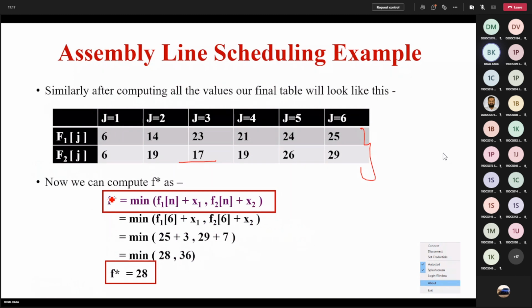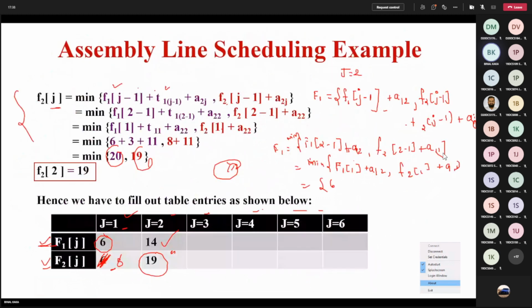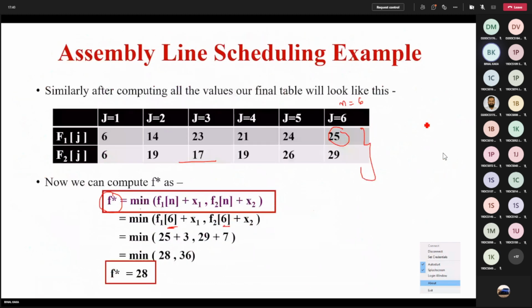Now we have to find the fastest path, f star, the minimum of f of n. What is f of n? How many values of j? It is 6. f of 1 6 plus x1, f of 2 6 plus x2. What is n? n is 6. What is x1? x1 is the exit point, it is 3. So we put 3 over here.